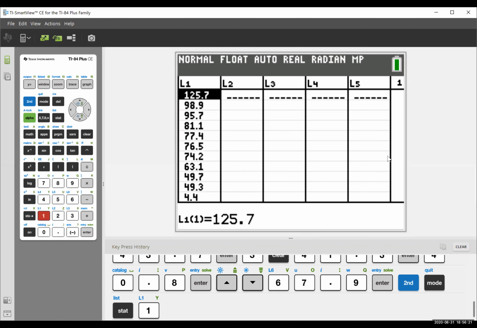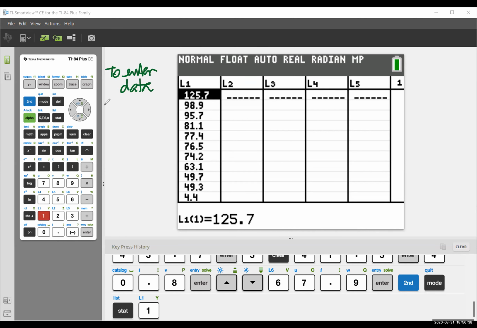So to get the answers, I'm going to write it here. To enter data is stat 1 all the time.